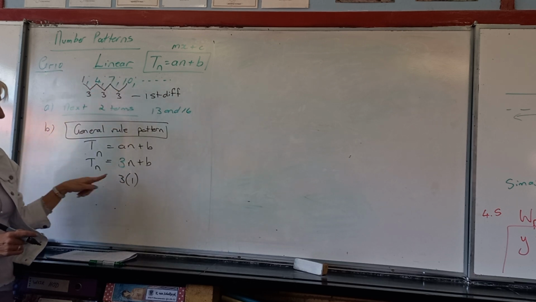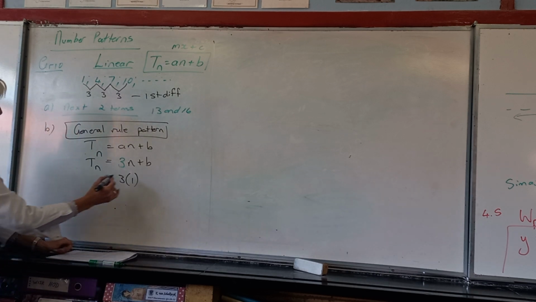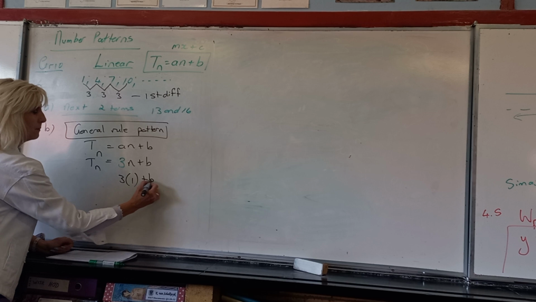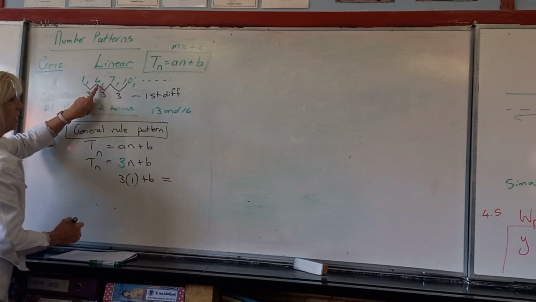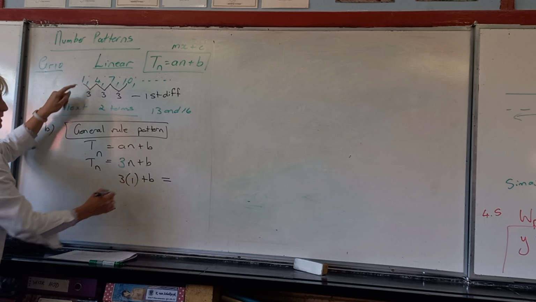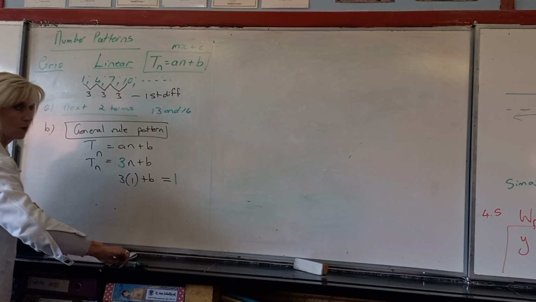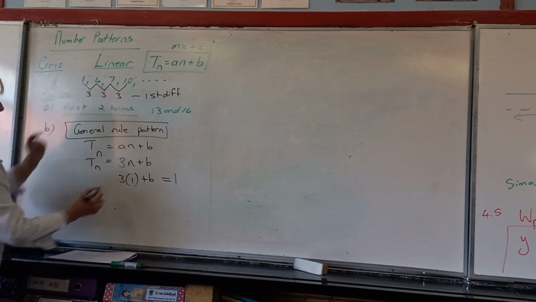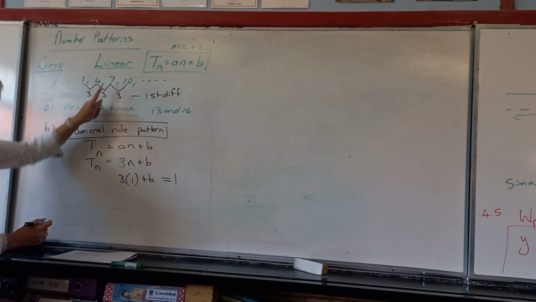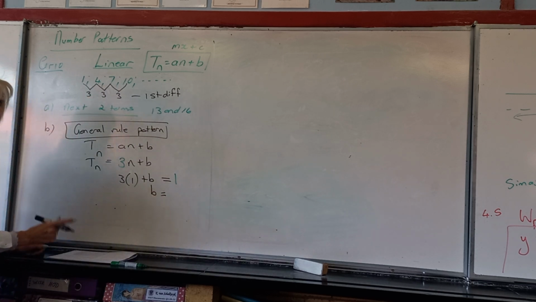So for position 1, this answer should be 1. If you really wanted to put a 2 in there, that's fine. But your answer then, if it was 2, should have been equal to 4. But because you chose term 1, the answer is equal to 1. If you chose a 3, 7. Are you with me? And with all of them, your B value would have worked out too.